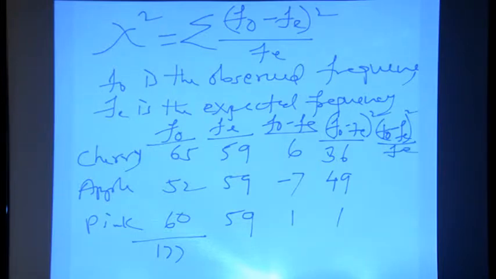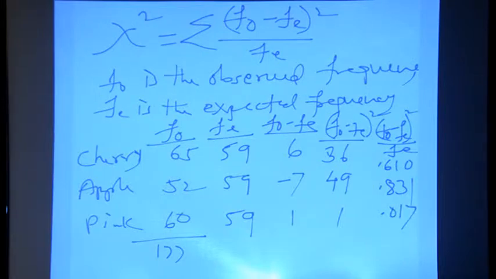So, what are you going to get? 36 divided by 59 will be 0.610. Then the next one is 49 divided by 59, that will give us 0.831, and then 1 divided by 59 will be 0.017.